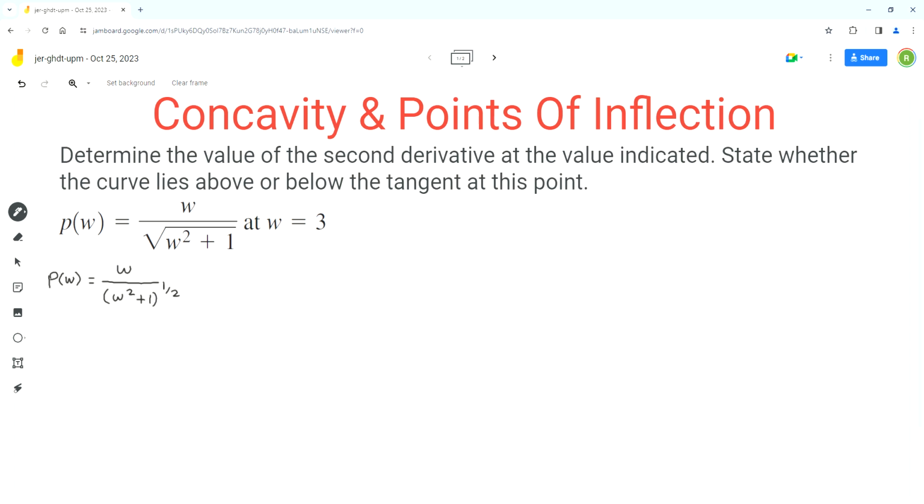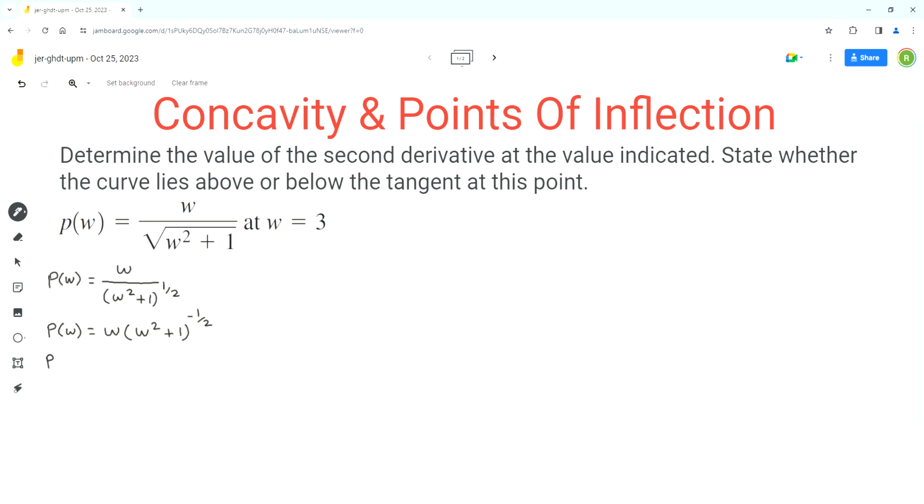Now we can move the denominator to the numerator and that will make the exponent negative. Now we can use the product rule to find the derivative of p at w.